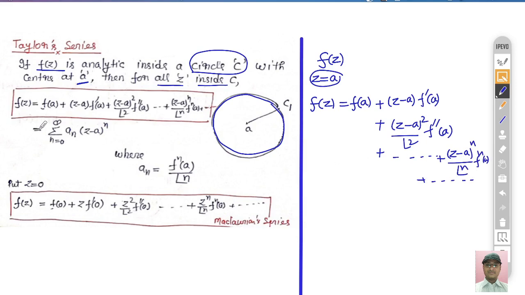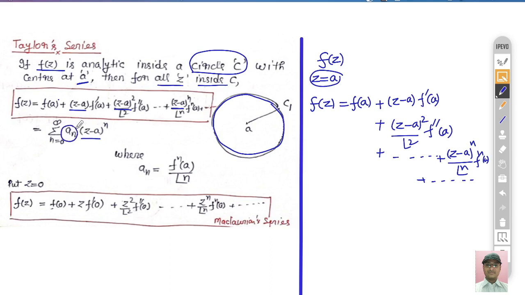Since it is an infinite series, we can write this as a summation, n from 0 to infinity, a_n (z minus a)^n. You can see here, for the first term it is (z minus a) raised to the power 0, for the second term (z minus a) to the power 1, the third term (z minus a) to the power 2, up to (z minus a) to the power n. So we can write it as a summation of n from 0 to infinity a_n (z minus a)^n.